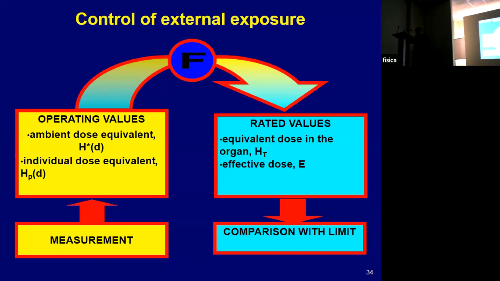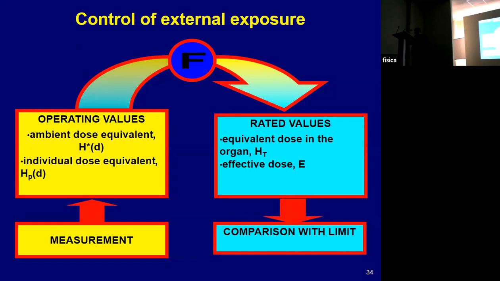The ambient dose equivalent is used to parameterize the radiation field at a point coinciding with the center of the ICRU spherical phantom, a sphere of 30 centimeter diameter made of tissue equivalent material. Usually it's polyethylene or another hydrogen containing medium.